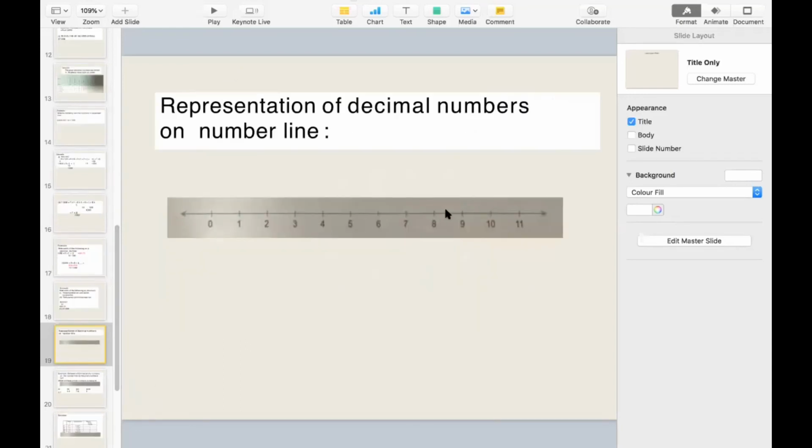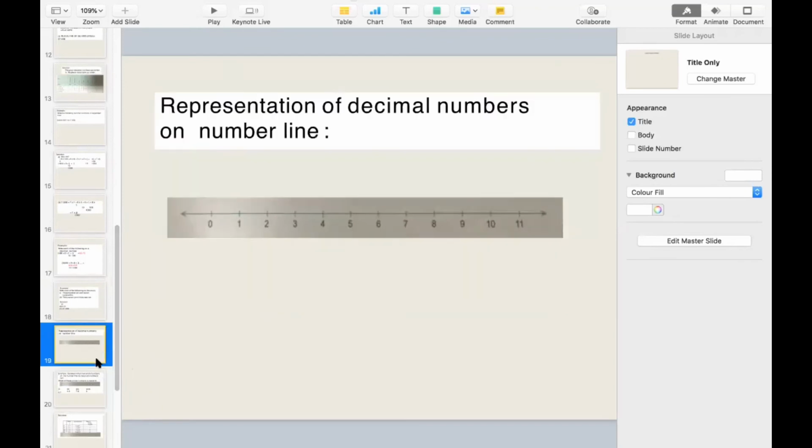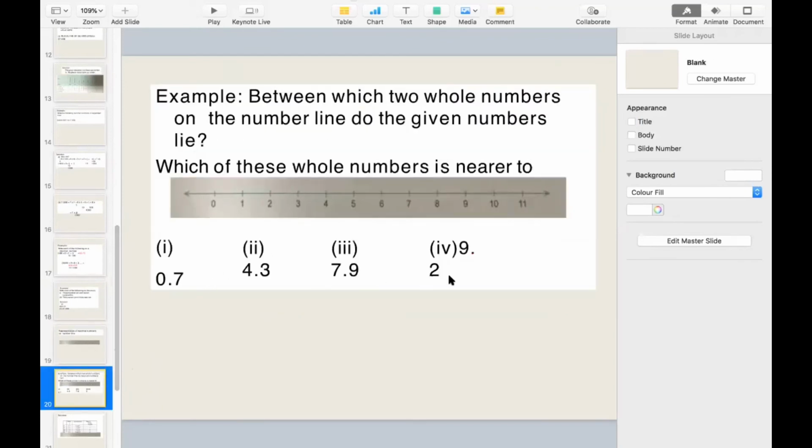Another important thing we are going to learn is the representation of decimal numbers on a number line. This number line we have made, and now we will see how we can represent these numbers on it. The first number is 0.7. 0.7 means this number is greater than 0 but less than 1.